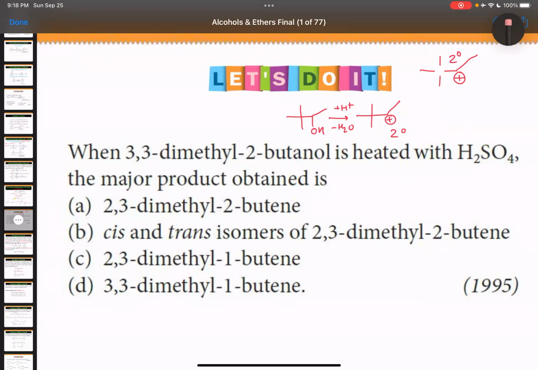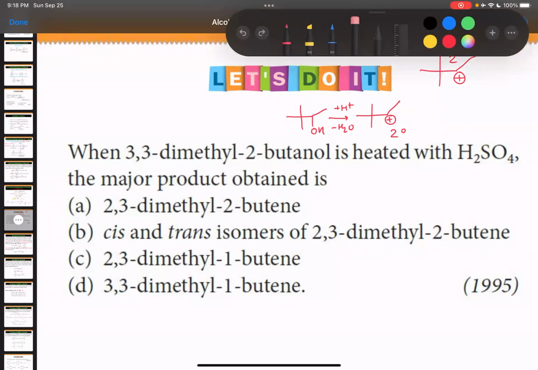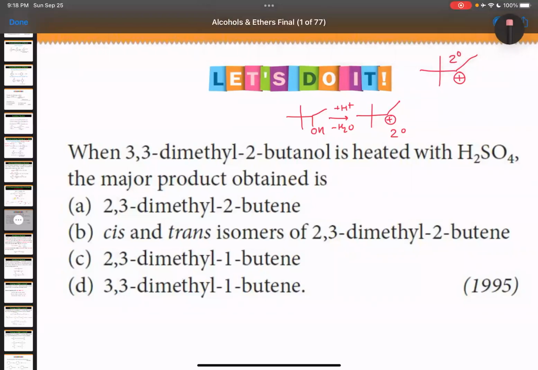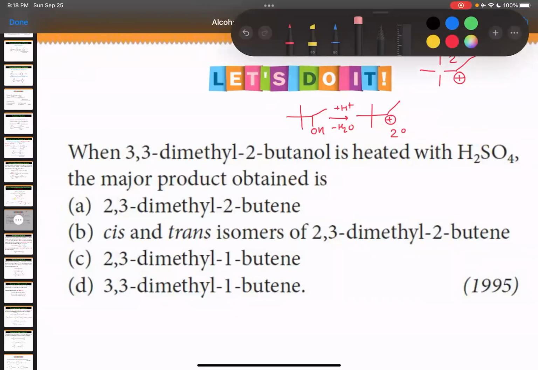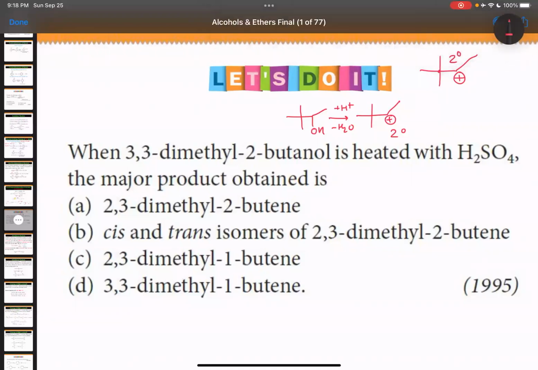So one methyl is going to get shifted, right? So on this carbon, one methyl is going to come over here, and you are going to end up with a tertiary cation. Is it clear? Yes, sir. So this is one thing. Always check for rearrangement.